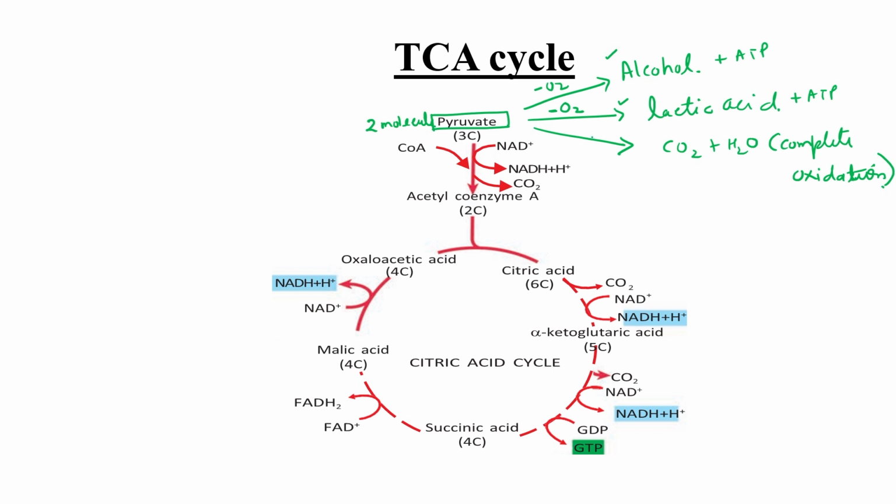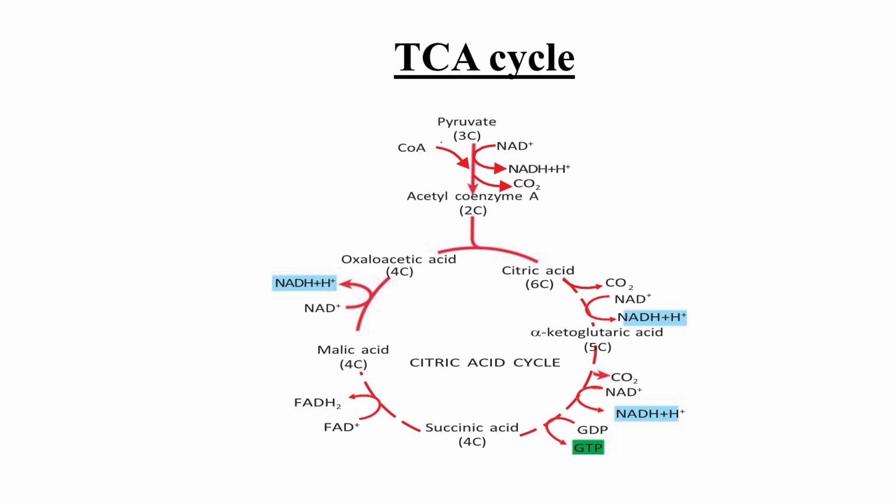Complete oxidation occurs in the presence of oxygen, or in aerobic conditions, right? So plus oxygen, or aerobic conditions, or aerobic organism, right? Now if mitochondria is there, then these two molecules of pyruvate convert into acetyl coenzyme A, right?